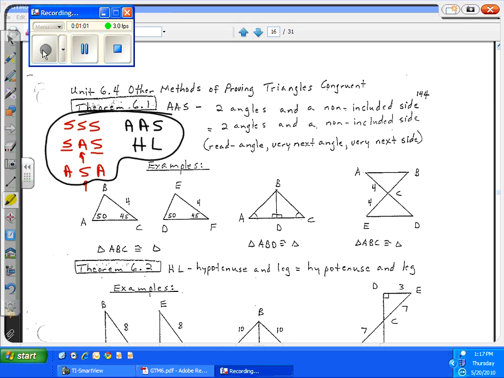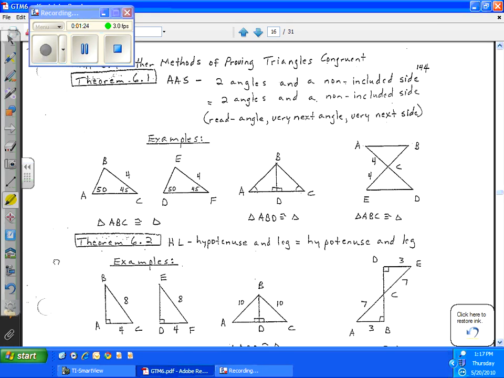When we think about angle side angle, we're talking about two angles and an included side. When it's angle angle side, we're talking about two angles and a non-included side. So the sides that are equal to each other are not included between the two angles that are equal to each other. Okay?